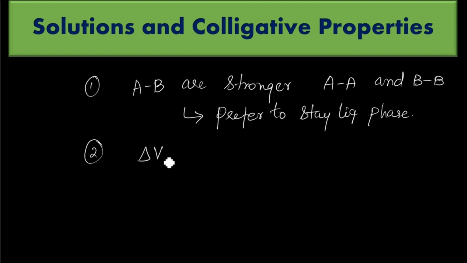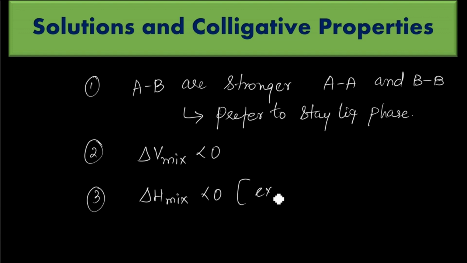It should be 0 in the ideal scenario, but delta V mix is less than 0. And what about enthalpy? Enthalpy of mixing is less than 0. The reaction is exothermic, correct?